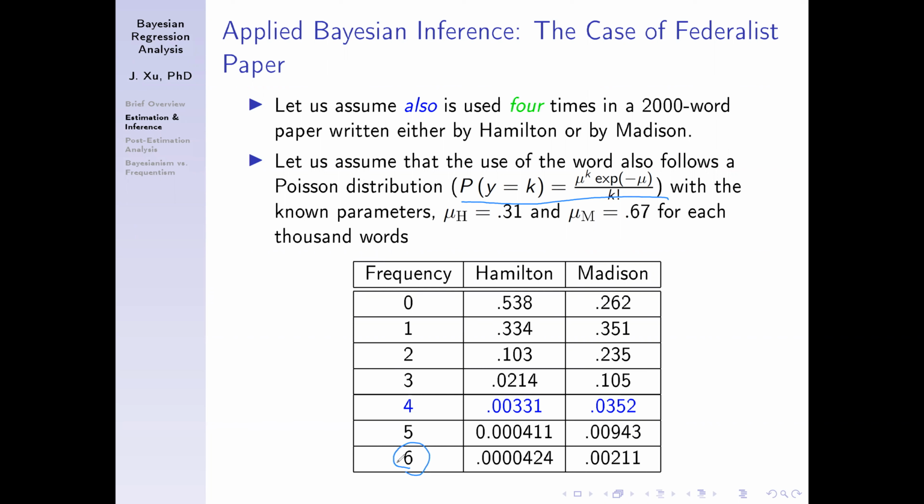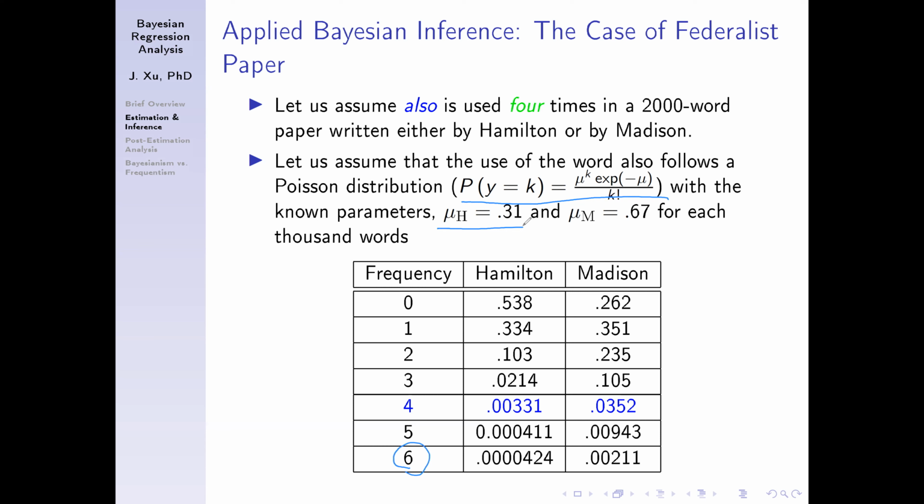Okay? So the first column is the frequency, and the second column corresponds to the probabilities for Hamilton, right? Based on the parameter 0.31. Note that this is the probability for the frequency in a 2,000-word paper.